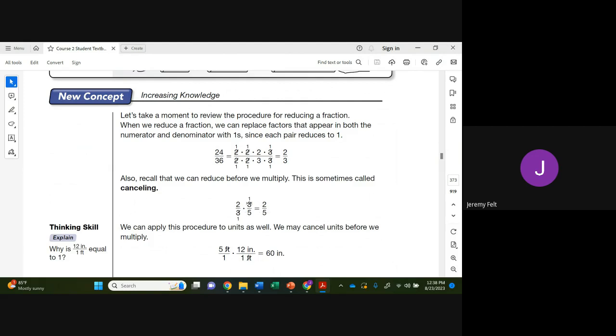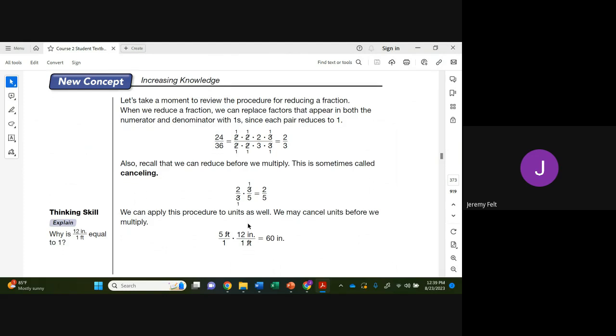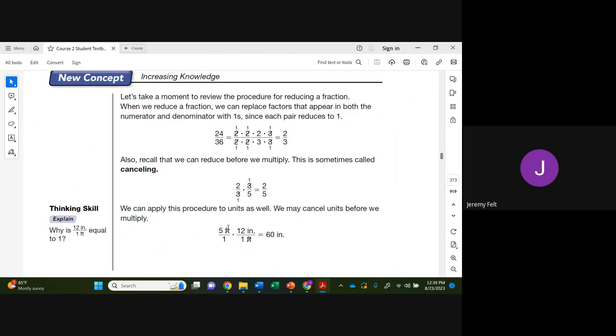So we just say 2 over 5. But it's the same thing we can cancel out when we have the same units in the numerator and denominator. So feet divided by feet, just like a number divided by itself, cancels out to be just 1. So that's how we're able to cancel and be left with some of these.